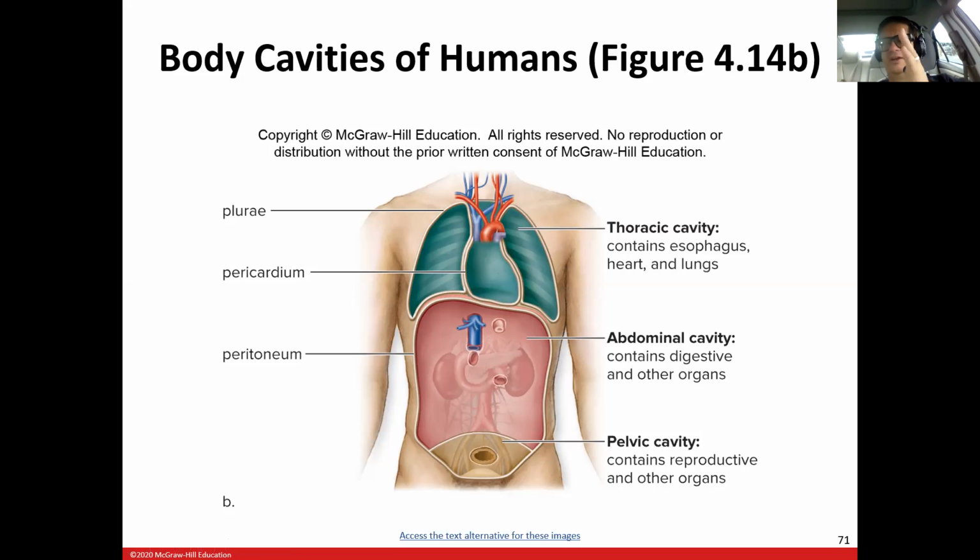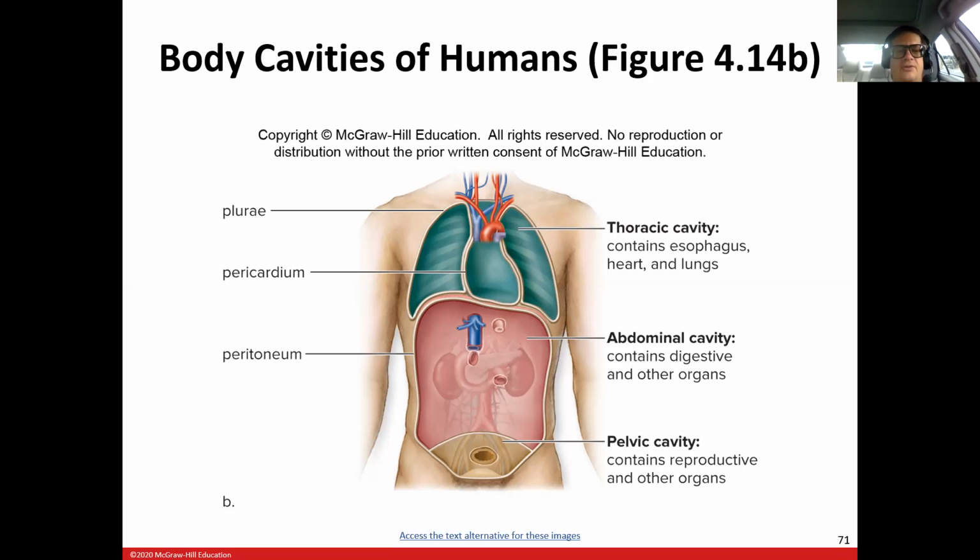So say you have a lung over here and you've got pleura. Here you've got pericardium. The two membranes together form the wall. This would be the wall that separates this body cavity over here, the pleural space, from this body cavity in the middle of the chest, which would be the pericardium or the mediastinum. All right, moving on.